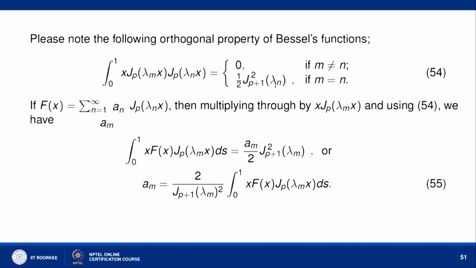So now using this orthogonal property, if I write any function f(x) as the sum for n equal to 1 to infinity of a_n J_p(lambda_n x), then using orthogonality we can find the coefficient.